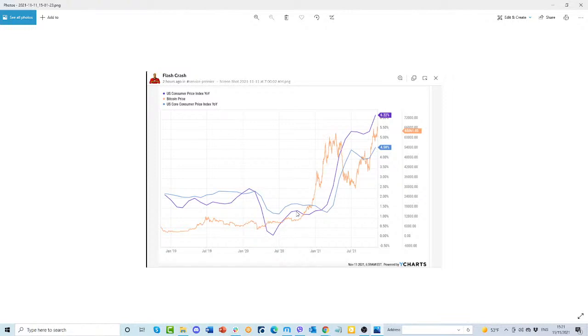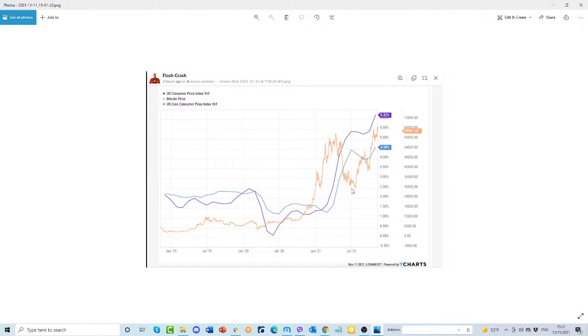Okay, so if you see this first color, which is now representing here at 6.22, this is the consumer price index, and we have a US core, which is ex energy and food, which is at 4.58. And from July 2020, it looks like there is some synchronicity, and orange is Bitcoin. There is some synchronicity in their movements.